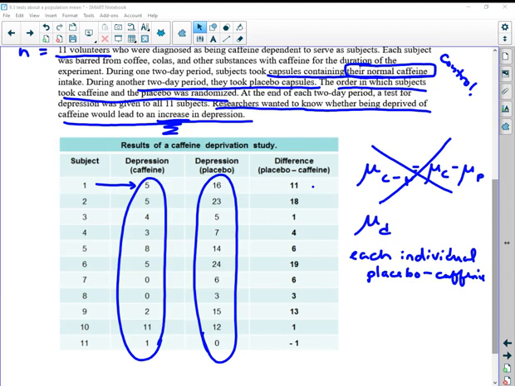But before I can do that, I need to look at my conditions for inference, and I had raw data. So with raw data, I'm going to have to look at my normal probability plot, my histogram. So let's go in there and look at a histogram of this data. And you can see the histogram on the screen there. If I wanted to change the window, I could change my spacing.